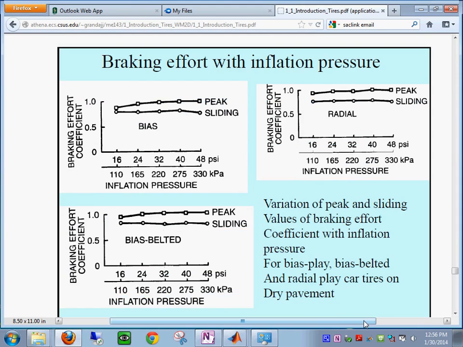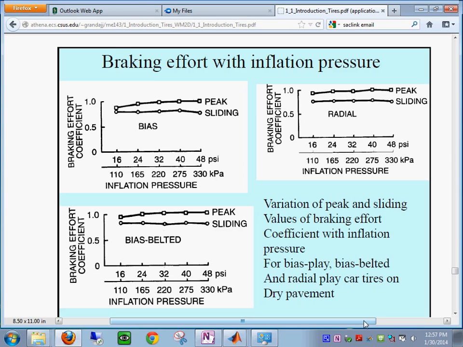This is the measure of an experiment of the braking effort versus the inflation pressure. So let's talk a little bit about this. This is the inflation pressure. This is normal.